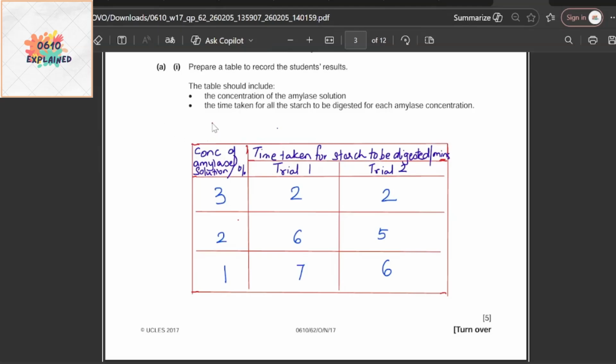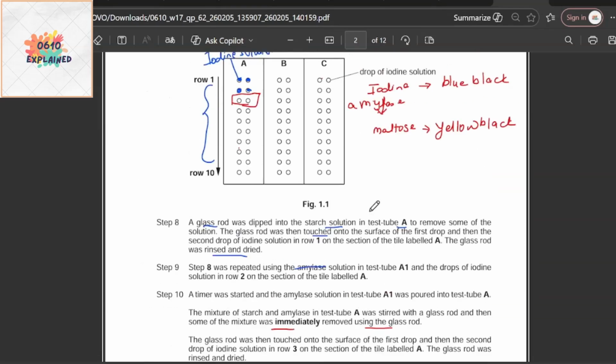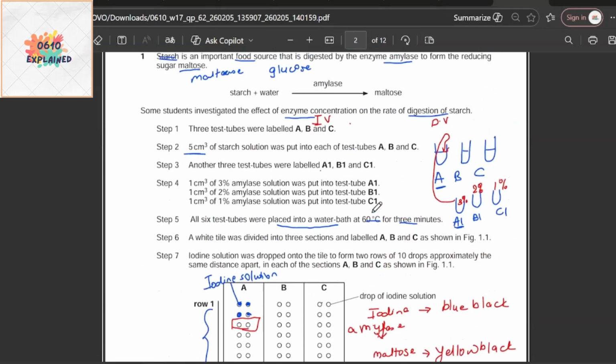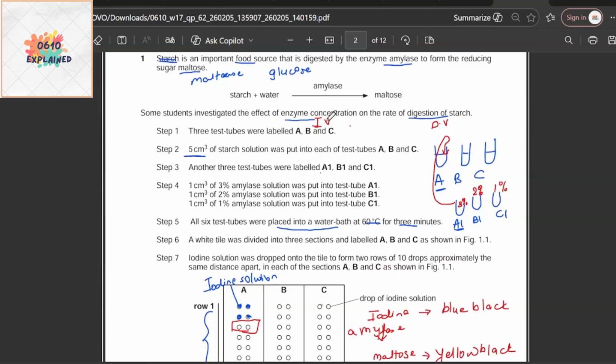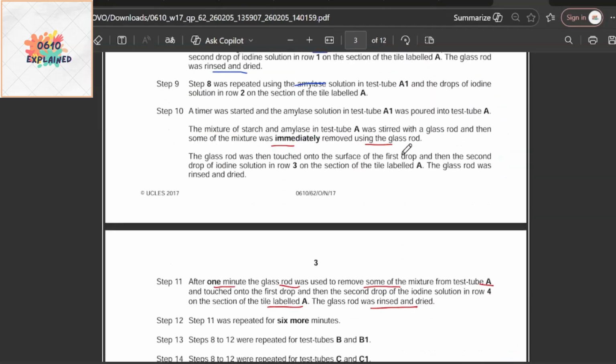So here, this is my independent variable. Whatever I observe is going to be my dependent variable. So as we go back to the question, we said here concentration of enzyme is the independent variable and the rate of digestion will be the dependent variable.